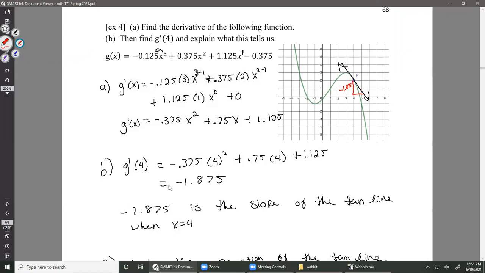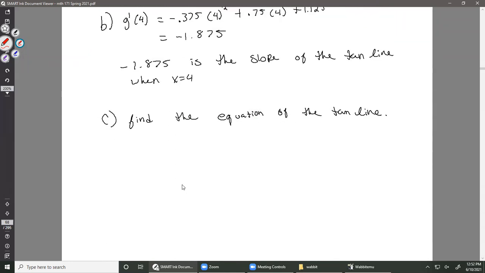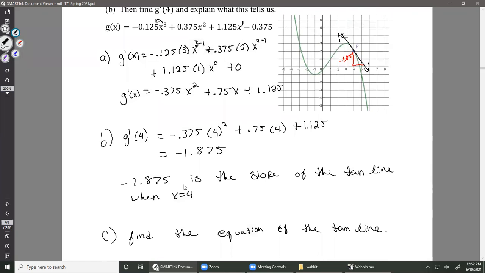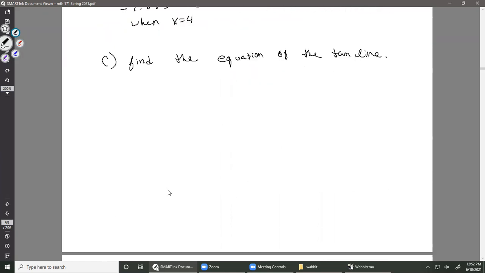Close to what I drew. And we want a tangent line. Tangent lines are straight lines, right? What's the equation of a straight line typically? y equals mx plus b. What does m stand for? Yeah, m is slope.